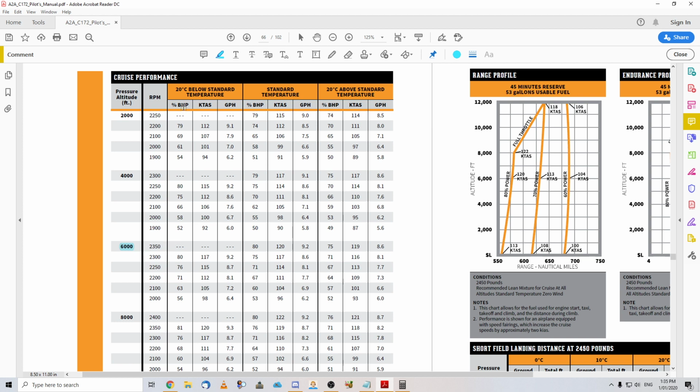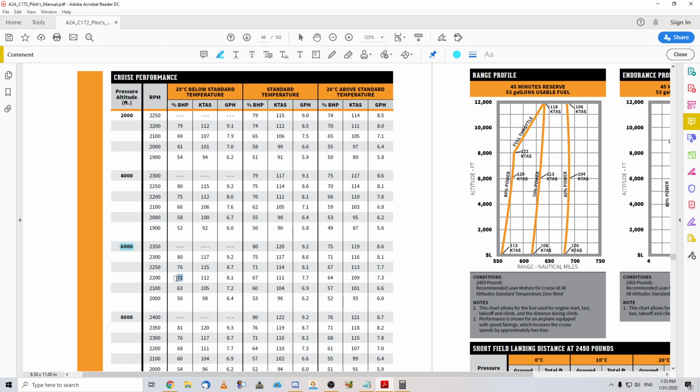Now, what RPM are we going to operate, or more importantly, what horsepower are we going to use? Because if you're going with more horsepower, you're going to put a lot more wear and tear on your engine. I personally like to keep the horsepower around about 70-75%, which is either that or that.